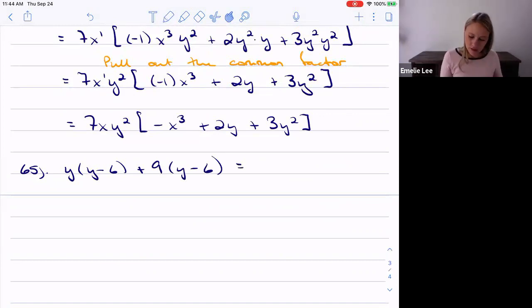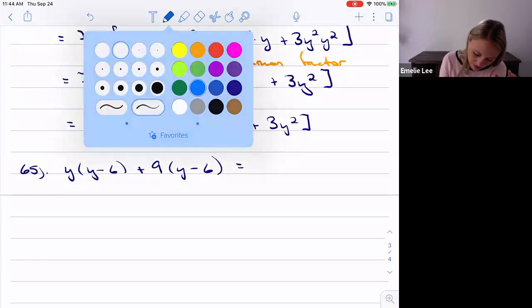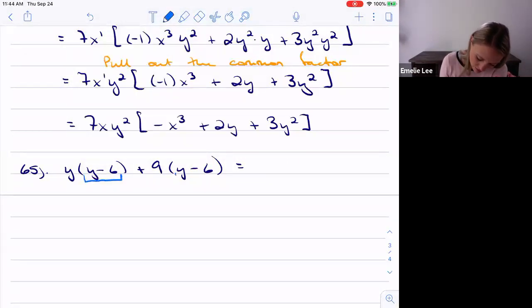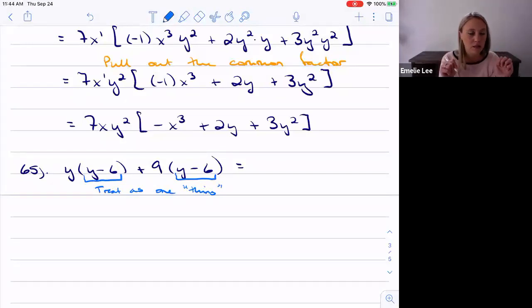The key here is recognizing that y minus 6 and y minus 6 can be treated as one thing. So that's going to be the ticket here. Treat as one thing. Okay. So what I can do is, since y minus 6 is multiplying each of these terms, right, I can pull out a common y minus 6.